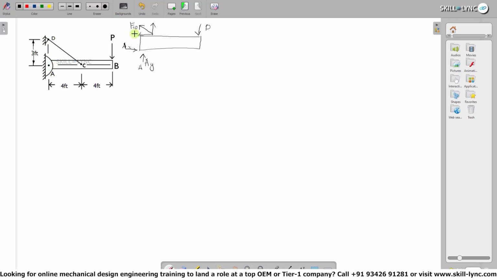We know that the value of AD is 3 and the value of AC is 4. Using trigonometry, the vertical component is going to be FCD into 3 by 5, and the horizontal component is going to be FCD into 4 by 5.